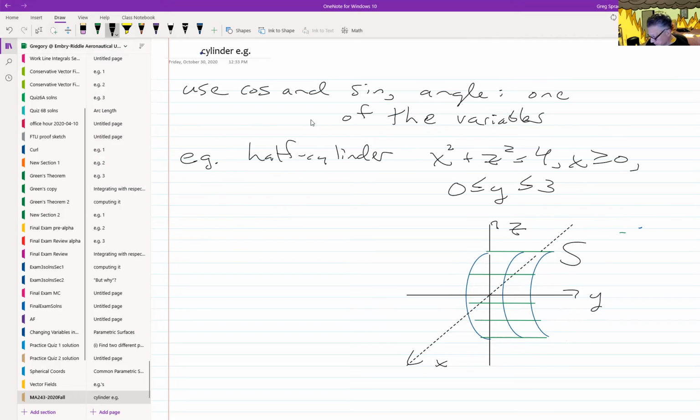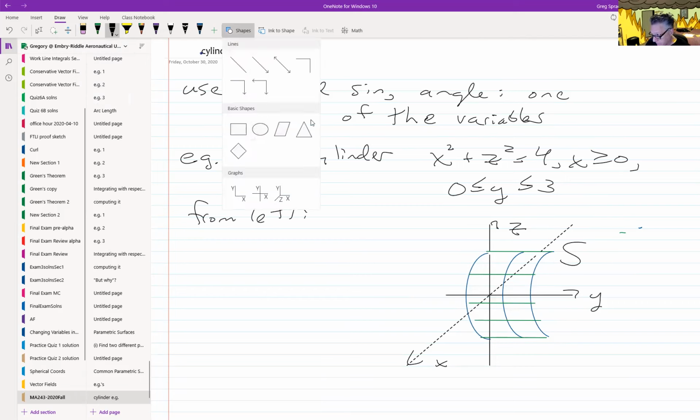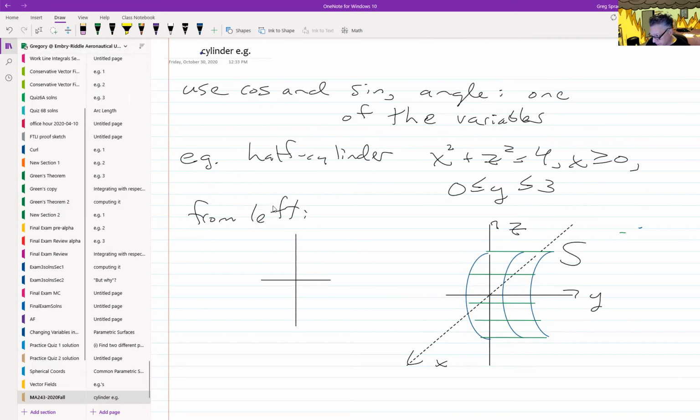I'm going to draw from another angle. I'll draw it from the left. And this can often be helpful if you just want to concentrate on two variables instead of three. So from the left, I see X going to the right and Z going up.